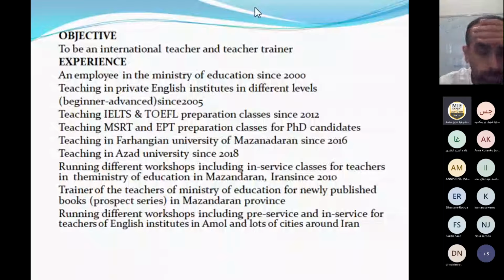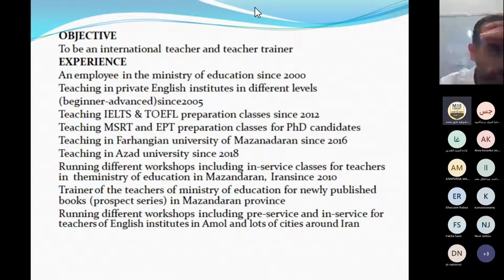He has been teaching IELTS and TOEFL preparation classes since 2012, and MSRT and EPT preparation classes for PhD candidates. He has been teaching at Farhangian University since 2016, and also at Azad University since 2018.